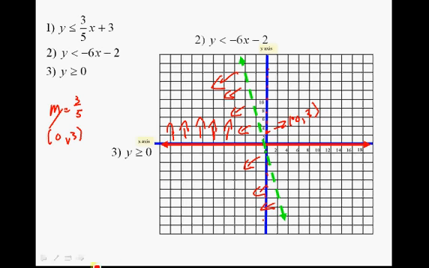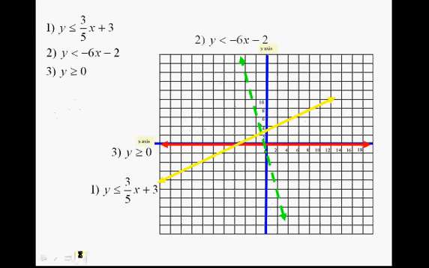Let's take a look at what that graph actually looks like, and it'll be nice and clean. So here is the graph of y is less than or equal to 3/5 x plus 3. And since it's greater than, we go up and down the y-axis, so it's got to be everything in this direction.